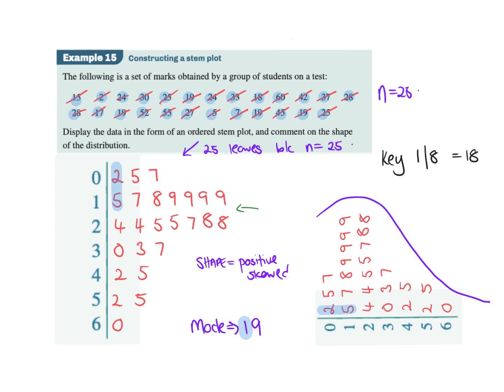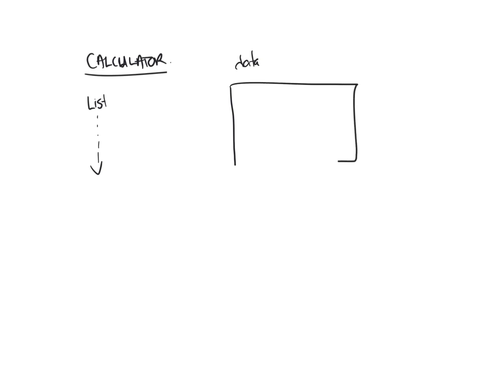All right, I'm going to record on the video what someone mentioned. If you're on your calculator and you pop your list in, in Lists and Spreadsheets, and then go to a data page, if we select our list down here, it will automatically produce a dot plot.